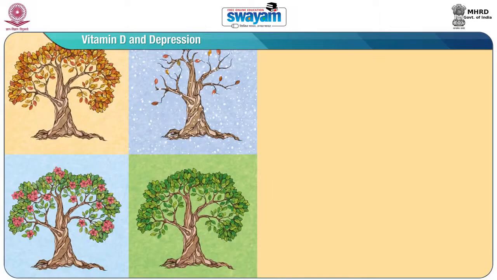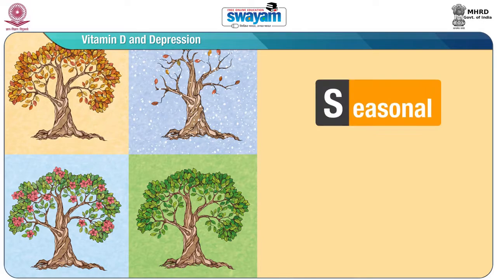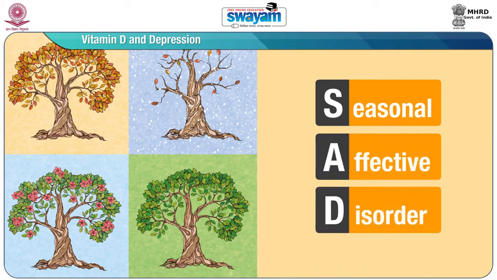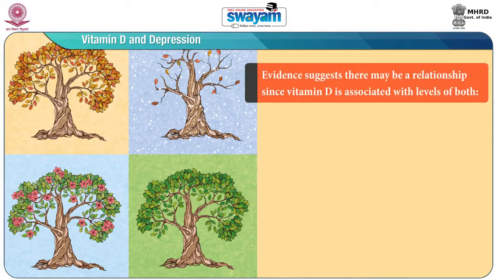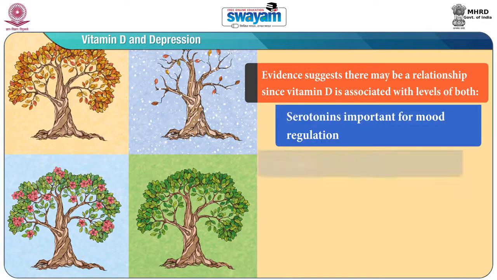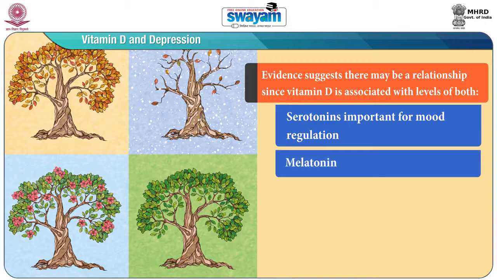Now, role of vitamin D in depression. Seasonal affective disorder is a mood disorder which is caused by a seasonal drop in exposure to sunlight. Evidence suggests that there may be a relationship, since vitamin D is associated with levels of both serotonin, important for mood regulation, and melatonin.